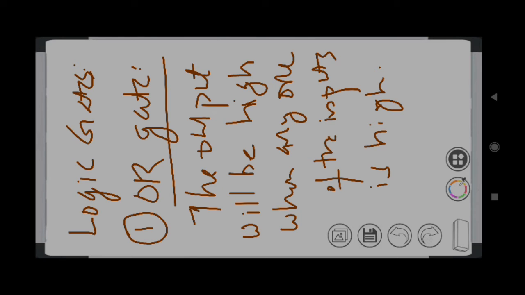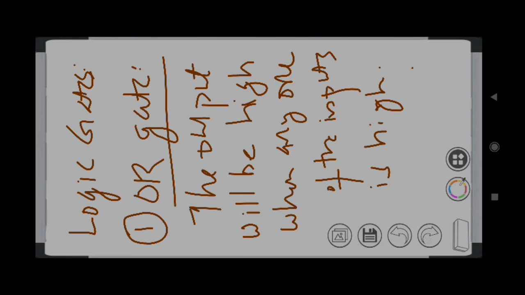For this OR gate we have two inputs and one output. Out of those two inputs, if any one is high, then the output will always be high. If both inputs are high, no problem; in that case also you obviously get a high output. This is the logic on which the OR gate functions.